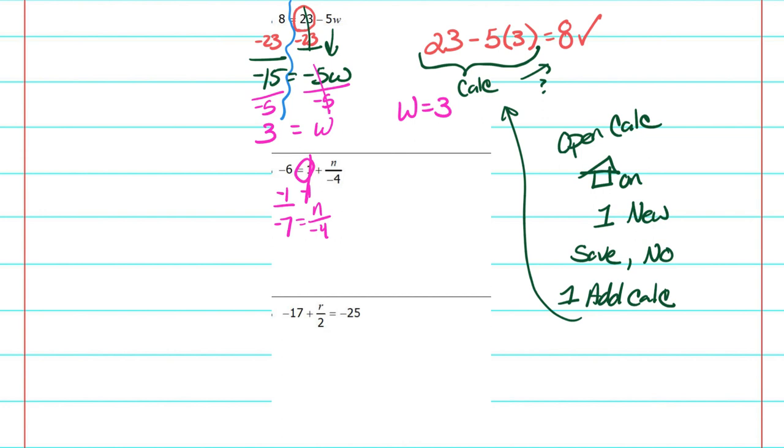Well, this might look intimidating, but it is not. Okay, so I have n divided by negative 4. The inverse operation of division is multiplication, times both sides by negative 4. Okay, negative 4 divided by that, that'll cancel out. So n equals negative 4 times negative 7, and it'll give you 28.